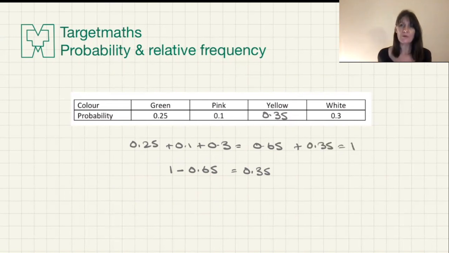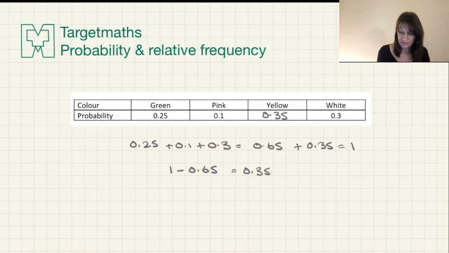It doesn't matter how you show it necessarily, but you must have some of that working out that makes it clear it adds to 1, and this isn't just a lucky guess. Okay, so that is the method for finding a blank in the table.